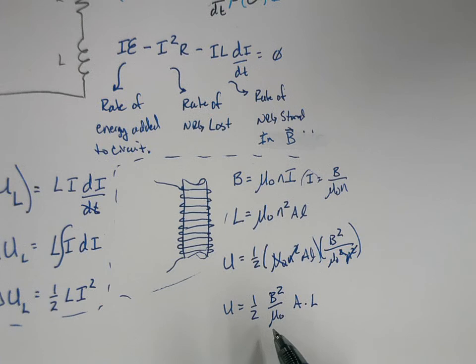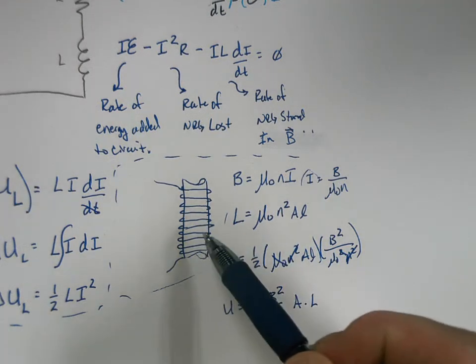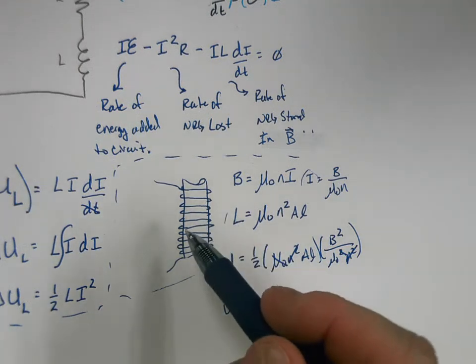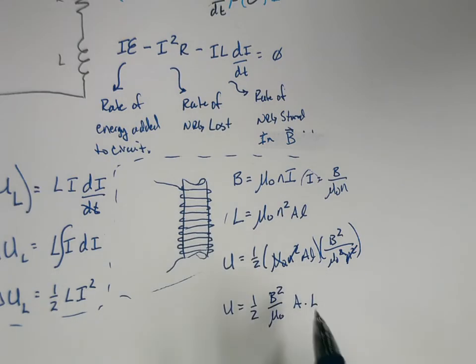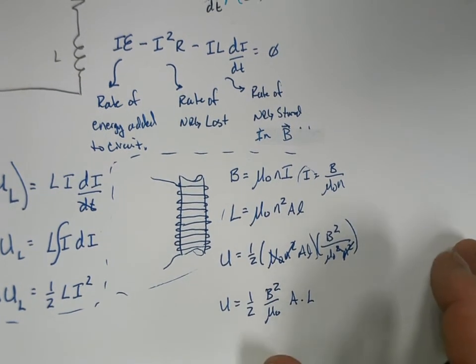Okay, so whenever we have a solenoid, whenever we have the situation that there's energy stored in this field, it equals this. Well, what's that? So the number of turns doesn't have an effect? It doesn't matter. Right. Okay.